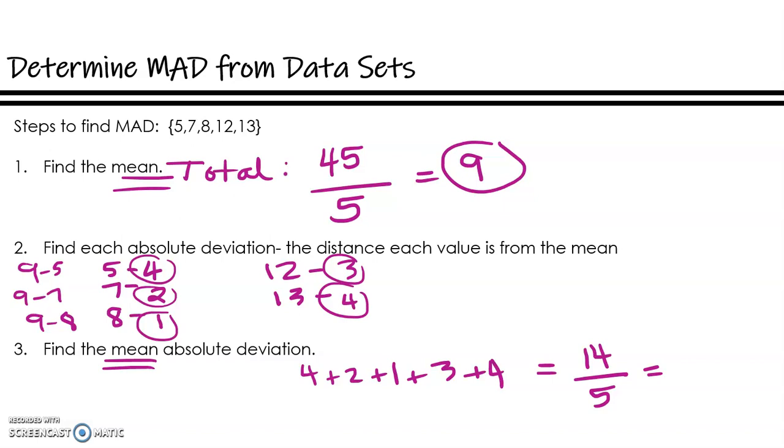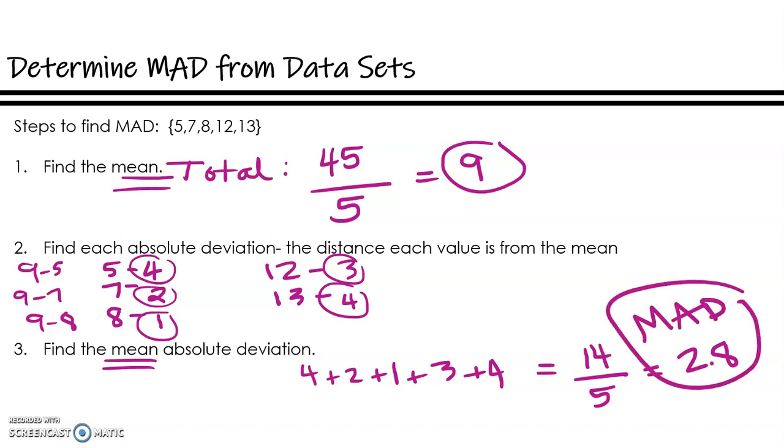So 9, 4, 2, 1. Okay. 3 and 4. Yes. Okay. And 14 divided by 5 is 2.8. Therefore, the MAD of my data is 2.8.